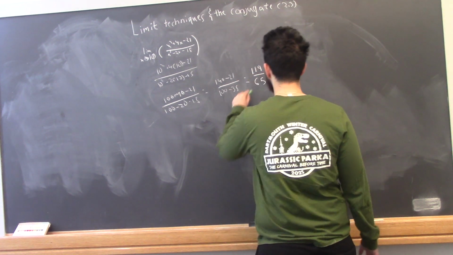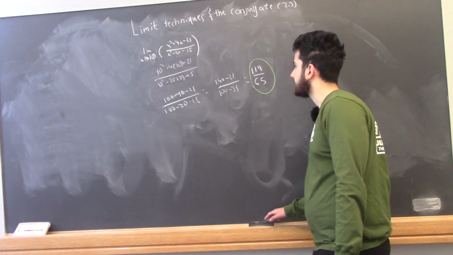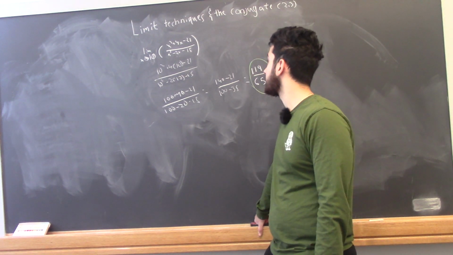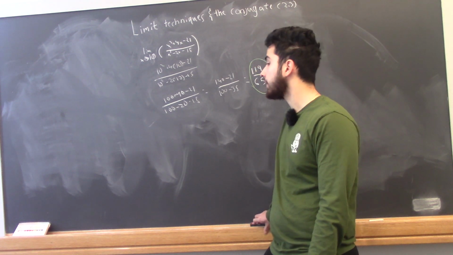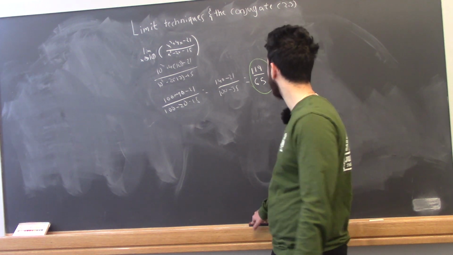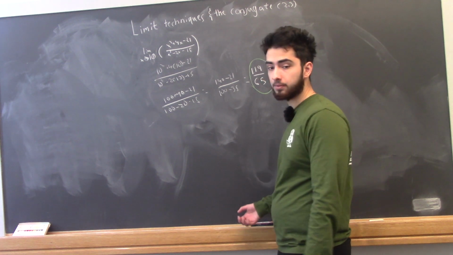Now, this is correct, right? But why didn't we have to factor? Because you do not have to factor every single time you see polynomials. You only need to factor if you plug it in and get an indeterminate form, which is why you always want to plug it in first.